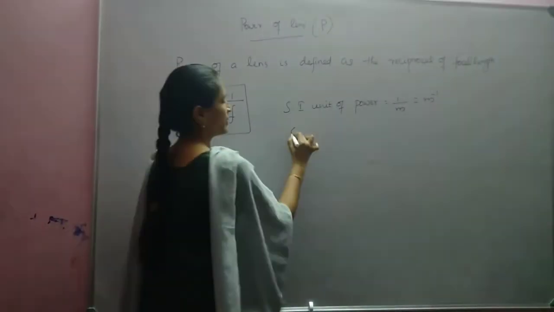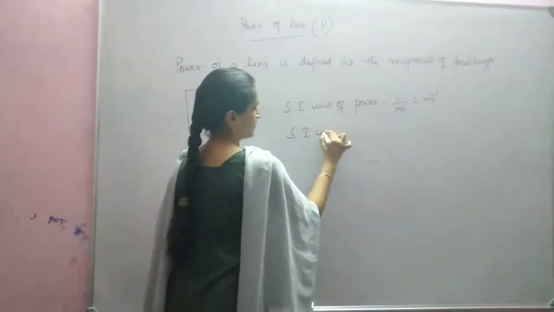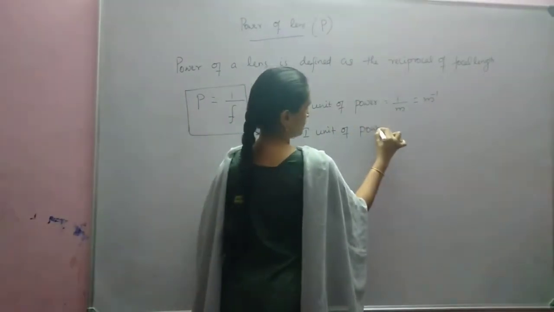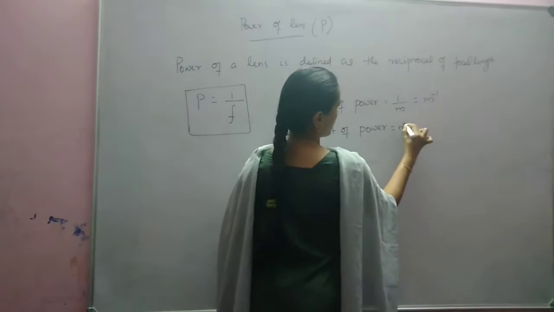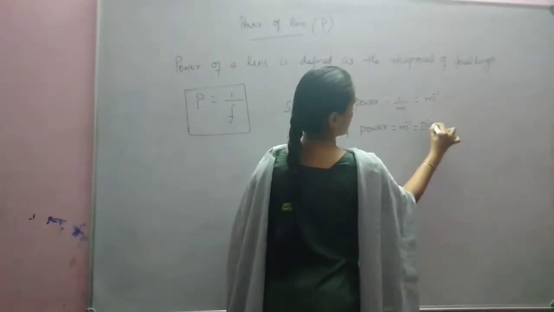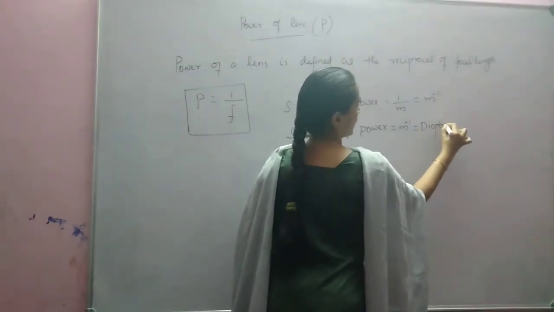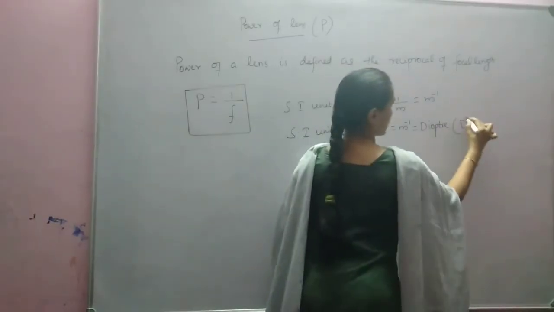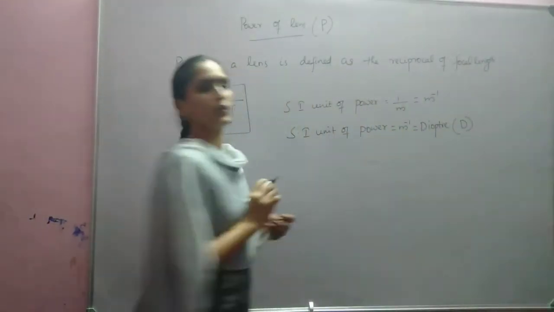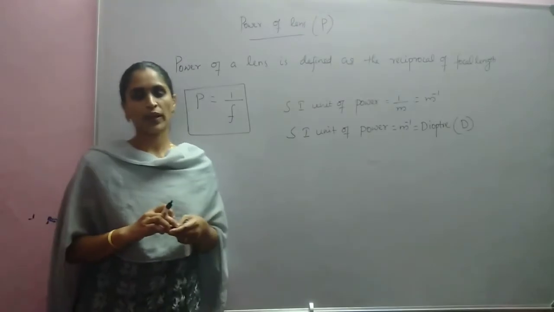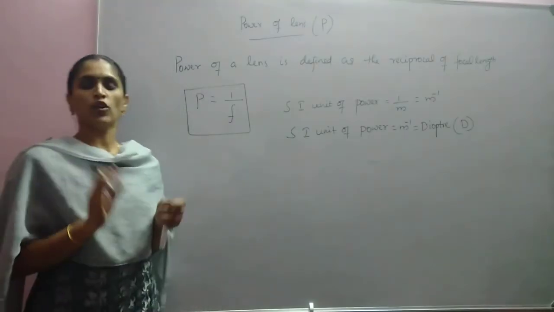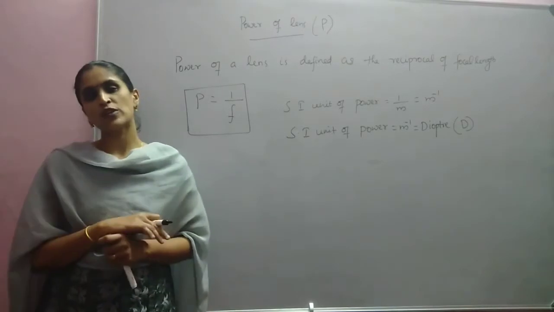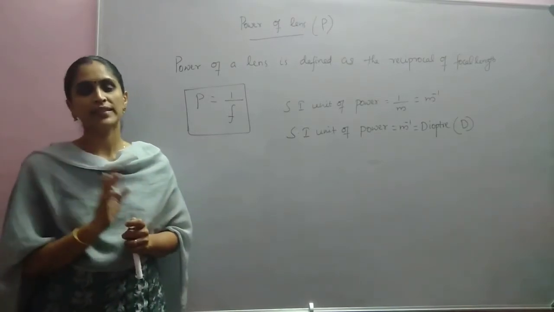That unit is known as diopter, and it is represented by capital letter D. That is the SI unit of power. In the case of a convex lens, power will be positive, and in the case of a concave lens, power is negative.